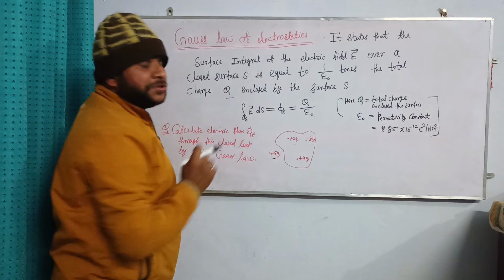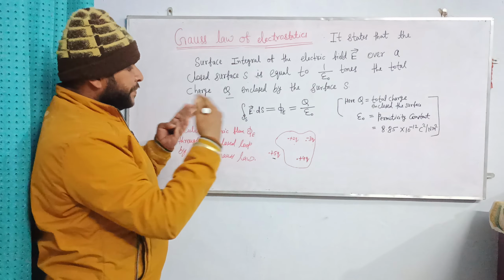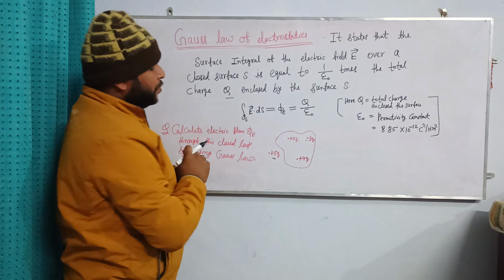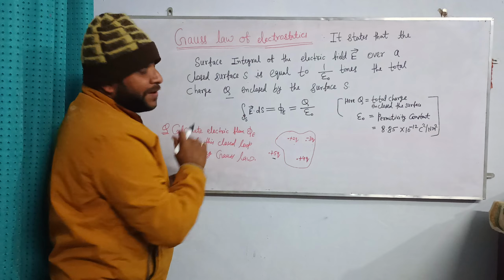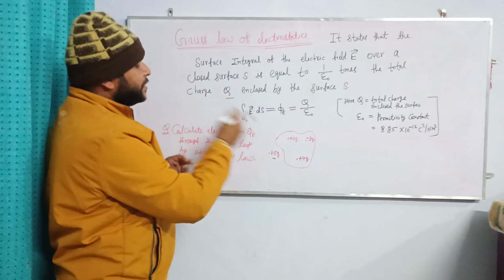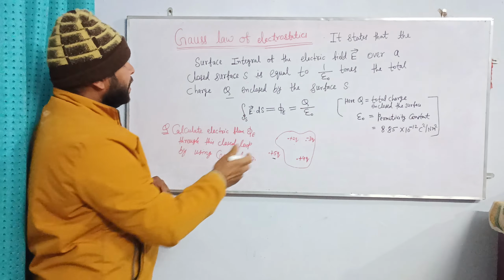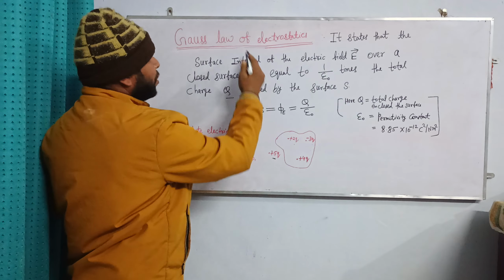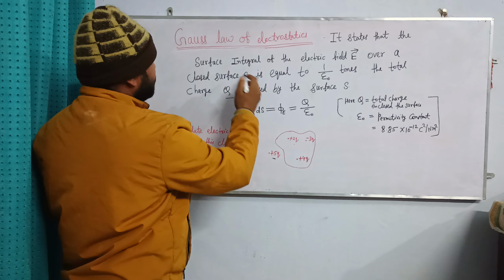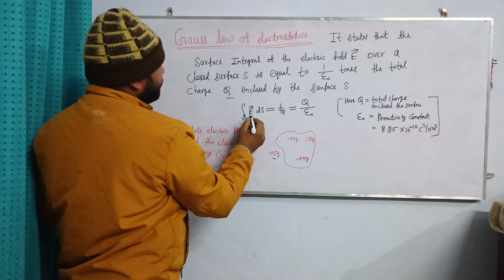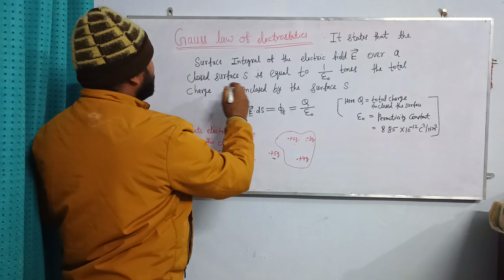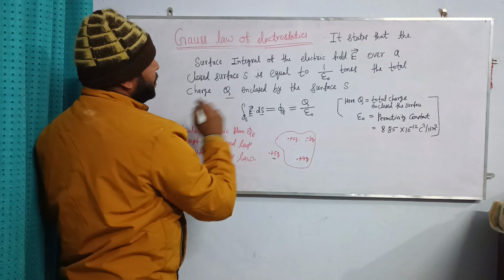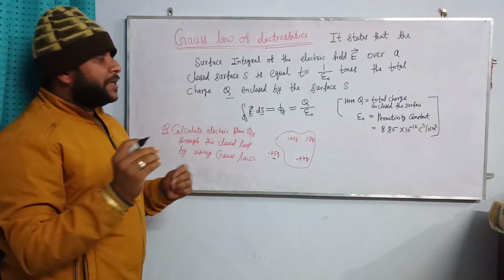The first three charges are inside the closed loop and this plus 5Q charge is outside the closed loop. Here Gauss law states that the surface integral of electric field over any closed surface, it means surface area.